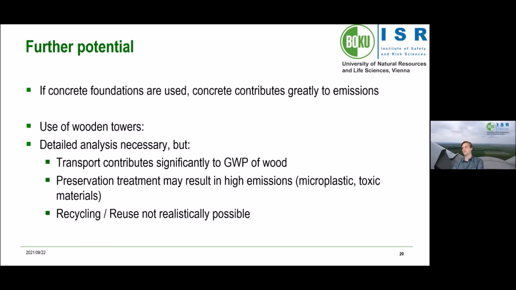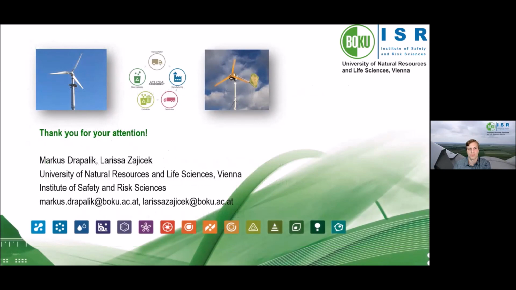So again, this depends extremely on where you use it, how you treat it, and so on. So, as always, it's difficult. And of course, for wood, recycling or reuse is not realistic. But then again, your impact is small in the beginning, so that's not so much of a problem. Okay, and that's it already. Thank you for your attention.